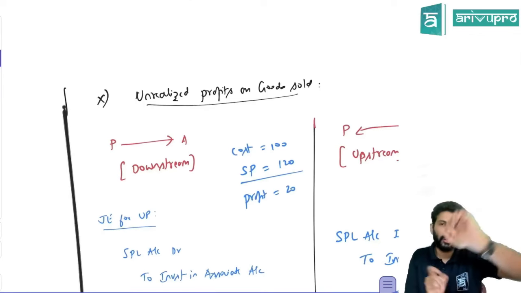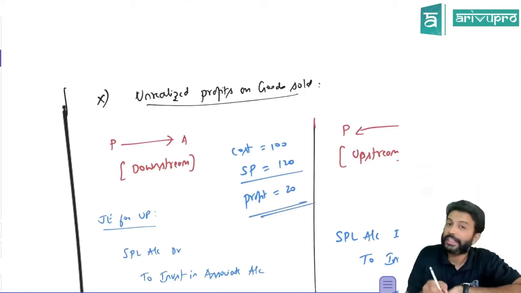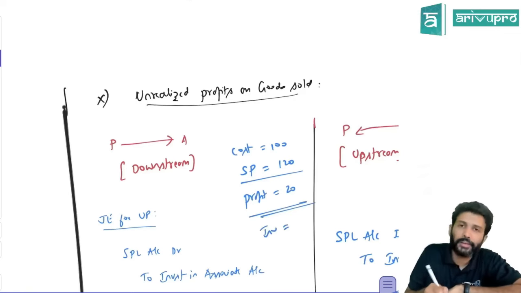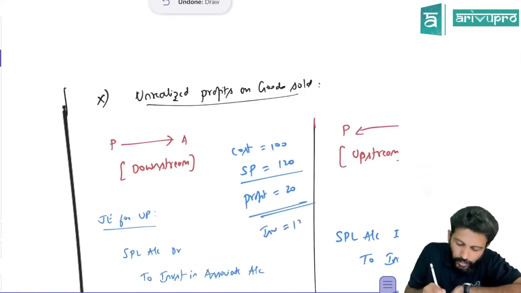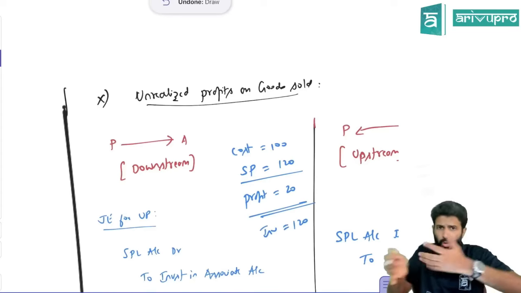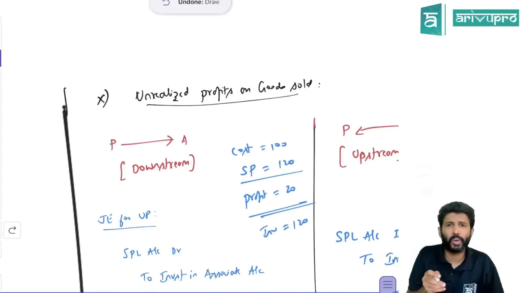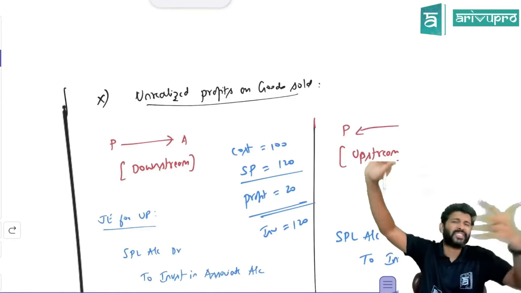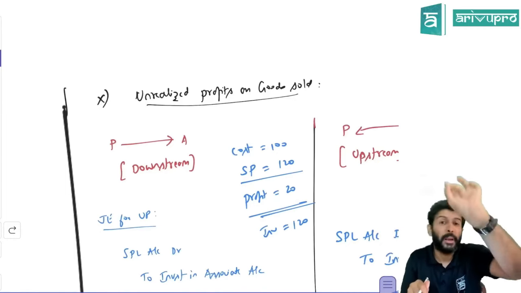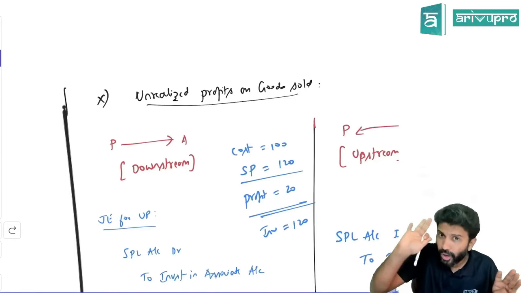Now visualize. If the associate company doesn't sell these goods, they will show these goods as inventory. Since they purchased for 120, they will show it as 120. Okay. So in case of associate consolidation, will we show the associate company's inventory and all in our balance sheet? No. Associate company assets and liabilities we will not show. That's not a problem. But the problem here is the worth of the inventory.